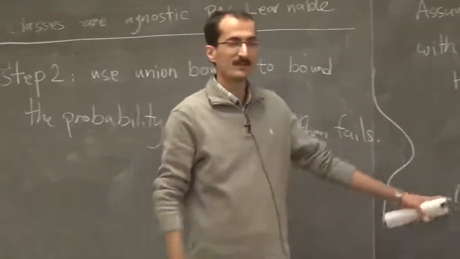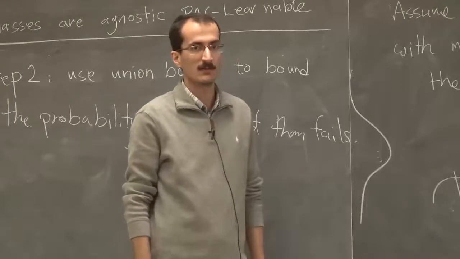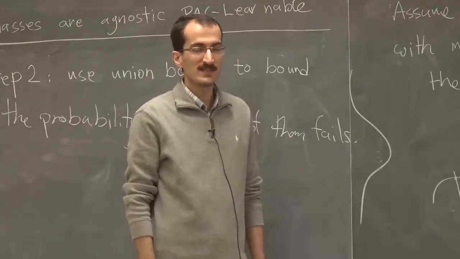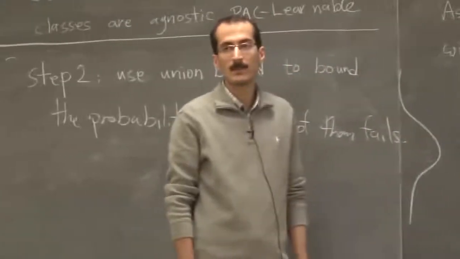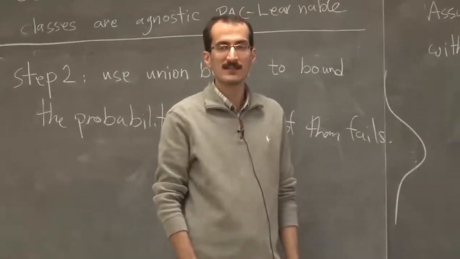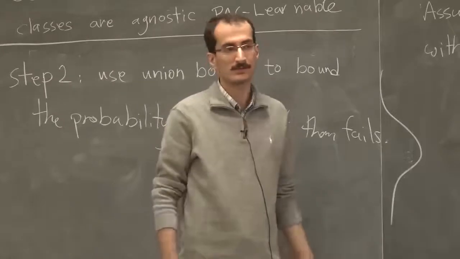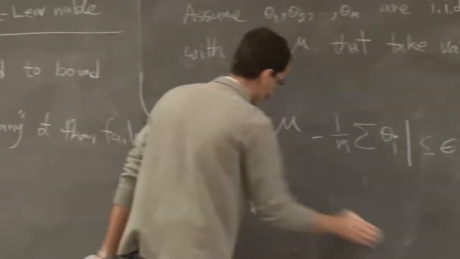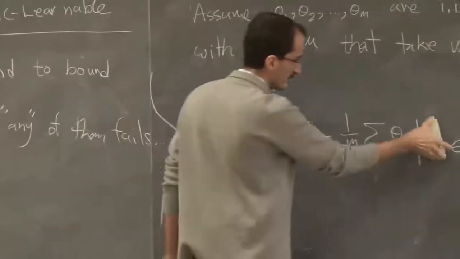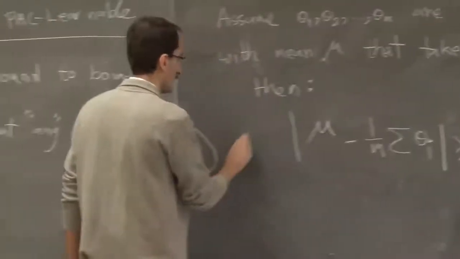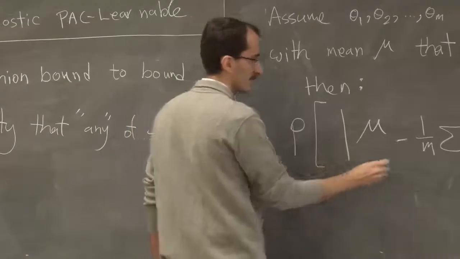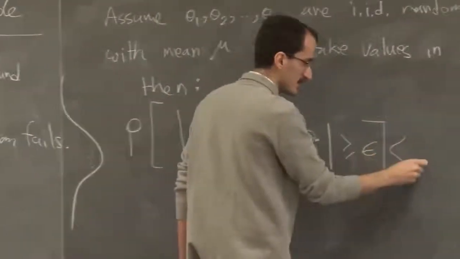Then your average will not be accurate at all. So you cannot say that the true average and empirical average are always close, but you can say that with high probability they are close. So that's why we always have these probabilistic statements. The probability that they are far apart is small.